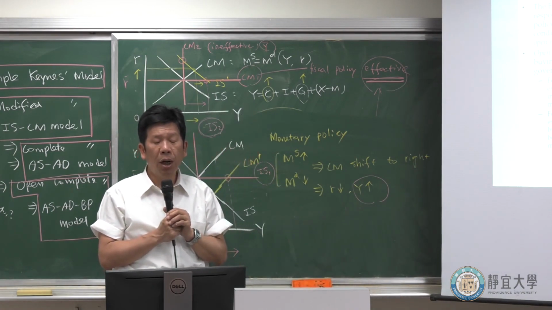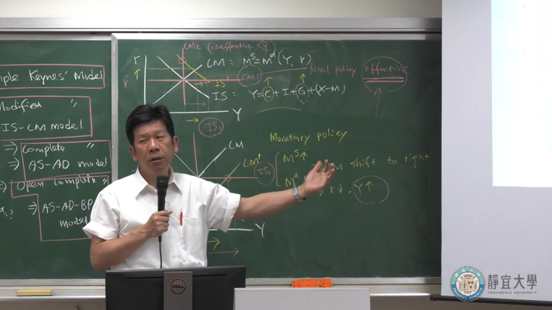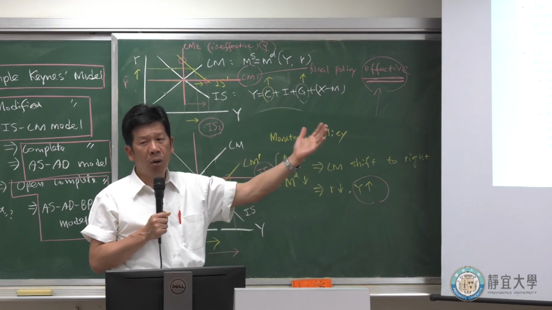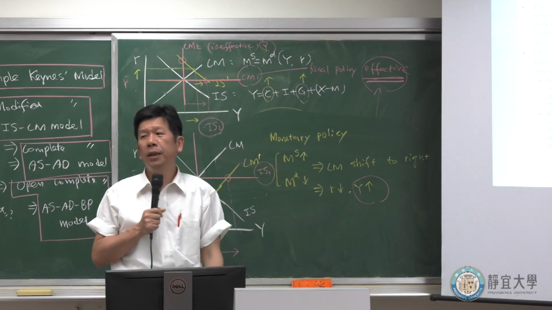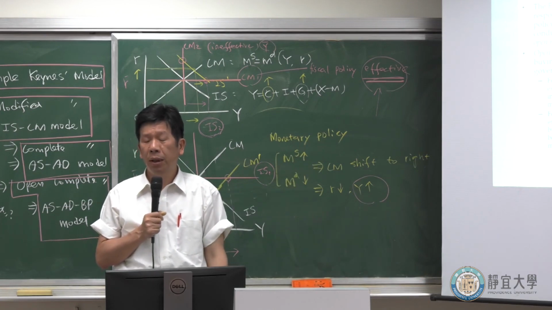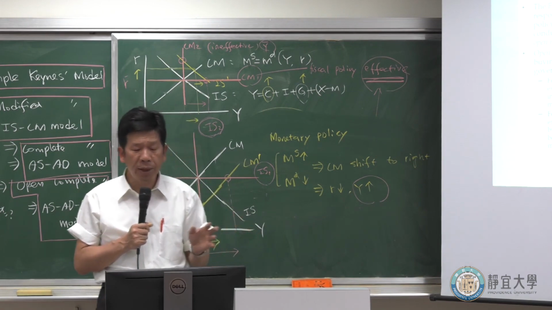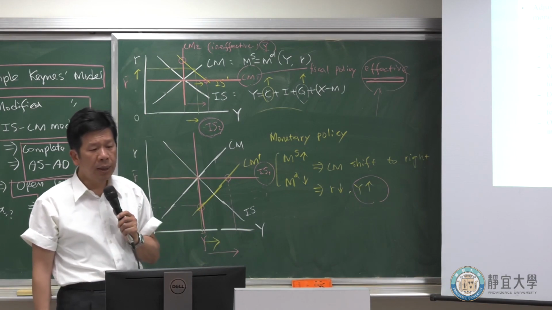We also told you before, of all the monetary instruments, the central bank prefers to use the OMO because open market operation is the best one, because the central bank can control and manage the money supply.